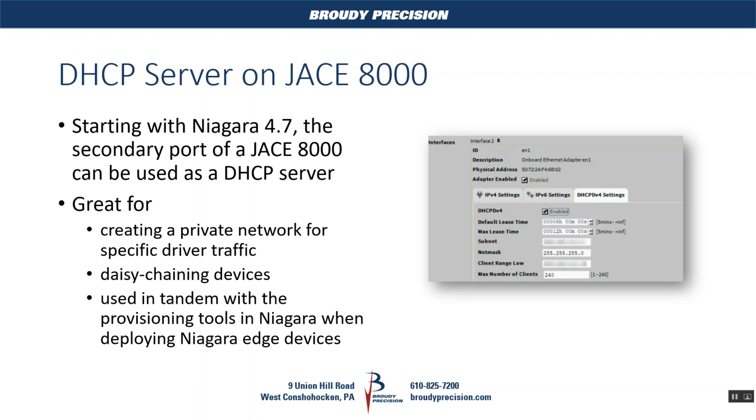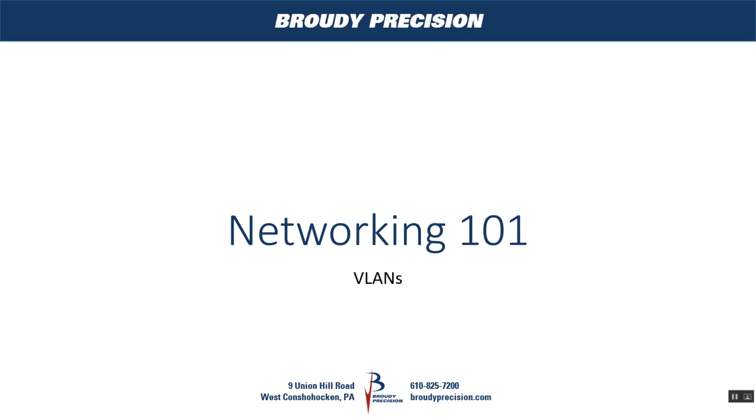You could bring it up to your JACE and commission it and configure it directly from the JACE without ever having to really do any manual configuration in each individual Edge device. So that's a brief look at DHCP.